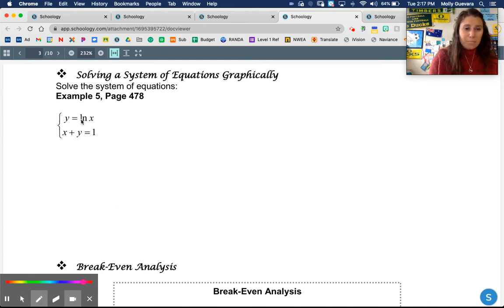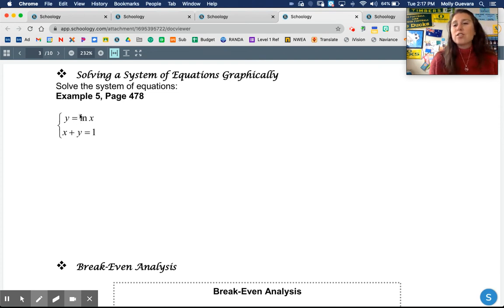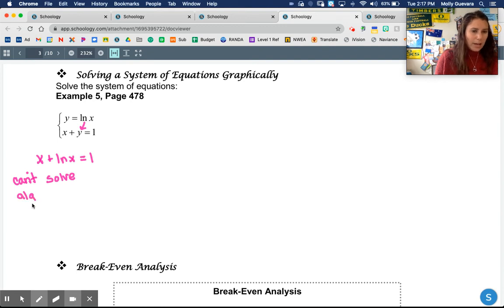So basically, if I were to take this and plug it in for y, I would have x plus natural log of x equals 1. Awesome. I have no way to solve that algebraically. At this point, we can't solve this algebraically. So if you can't solve it algebraically, then you have to use your graphing calculator.